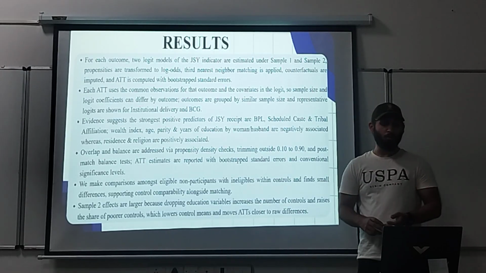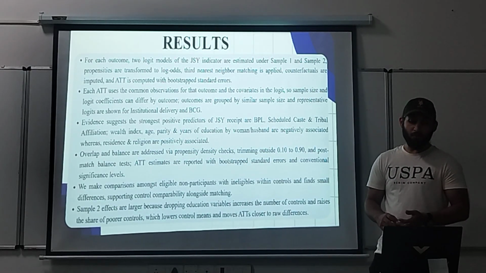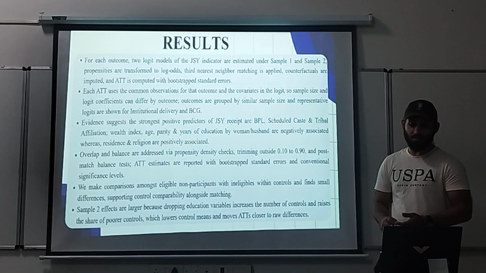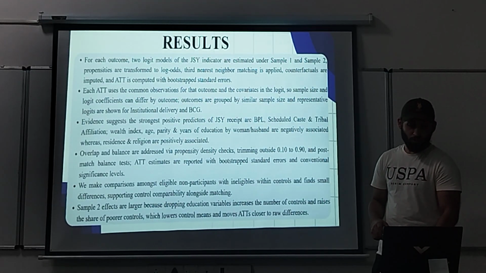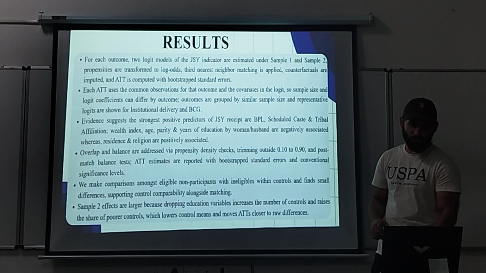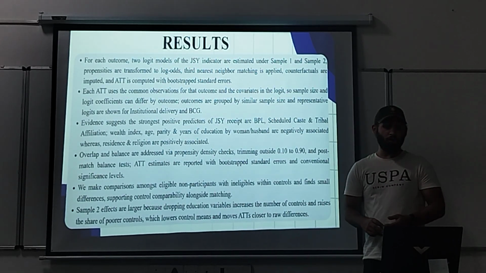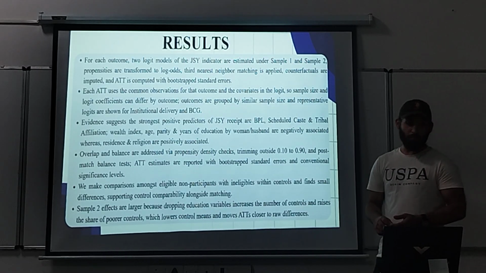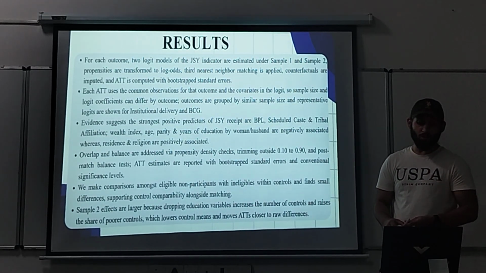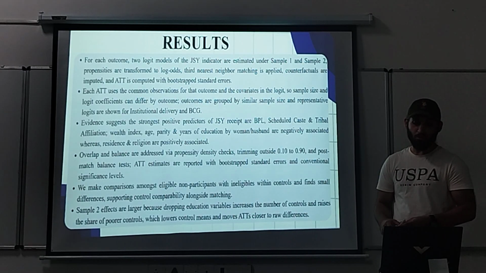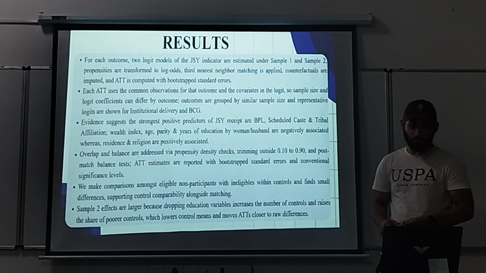For example, the outcomes for institutional delivery and vaccination are proxied by similar sample sizes and representative logit coefficients. Our findings show that the strongest positive predictors of receiving GSY are below poverty line, scheduled caste, and tribal affiliation. Additionally, wealth index, age, parity, and years of education of the woman and her husband are negatively associated with GSY receipt.